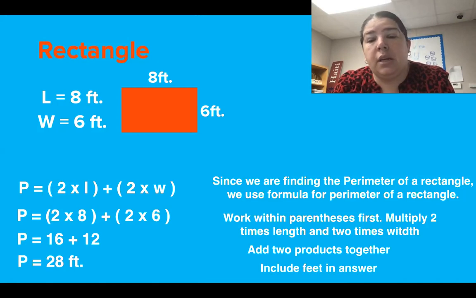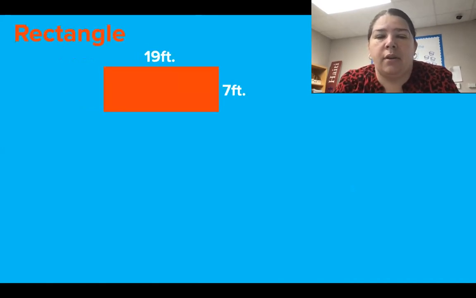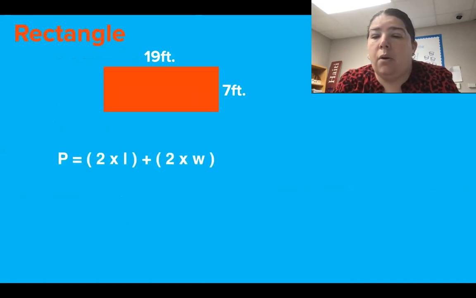Boys and girls, this is going to be super easy, but let's practice again. Remember to add feet, or whatever the measurement is. This one happens to be feet, but remember to add that into your answer. Okay? Let's do another one together. 19 feet long and 7 feet wide. We have our formula.